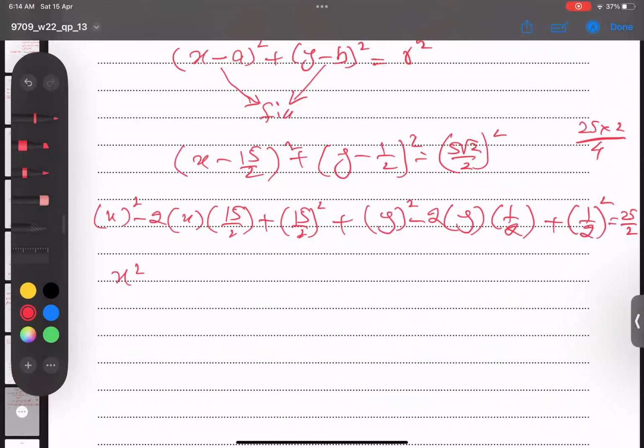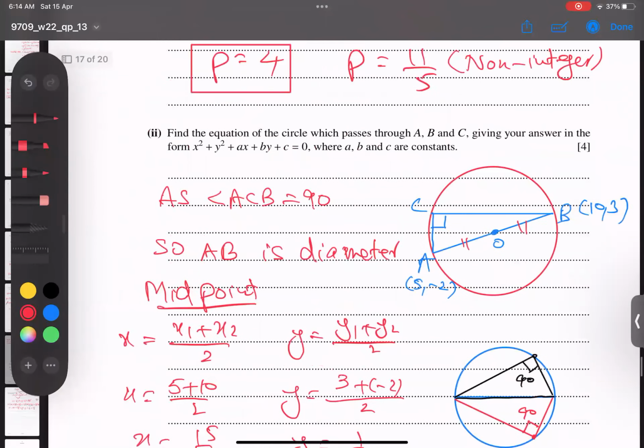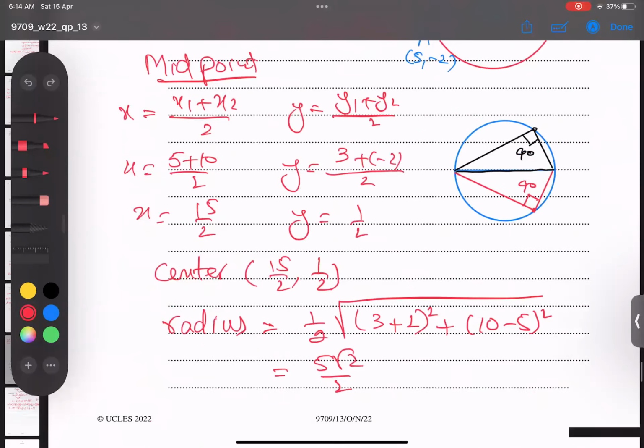x to the power 2, this 2 cancels, this 2 cancels. And I'm getting here minus 15x plus 225 over 4, plus y squared minus y plus 1 over 4, equals 25 over 2. Because what is the demanded form? The demanded form is all values on the left-hand side.